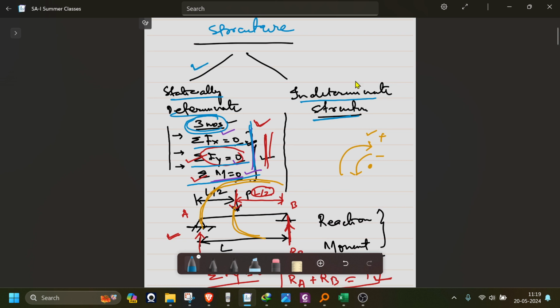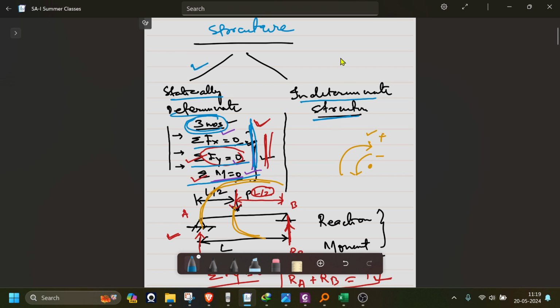Now what are indeterminate structures? Indeterminate structures are those which we cannot solve using only the equations of equilibrium. We will need other equations, called compatibility equations, along with the equilibrium equations to solve.